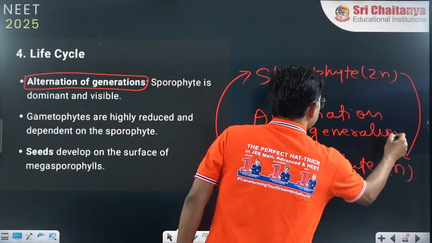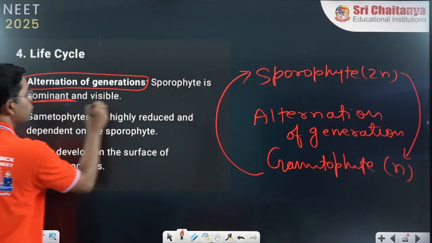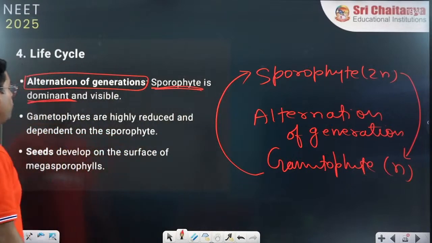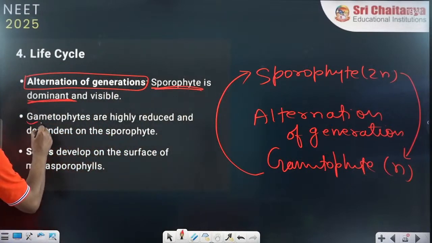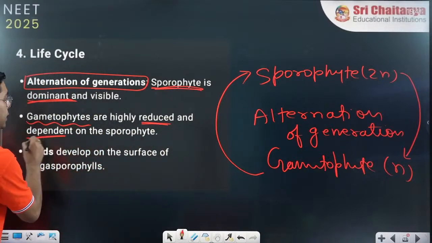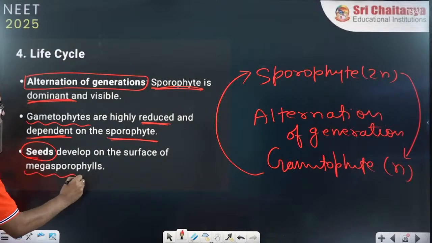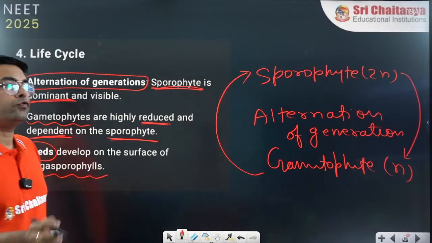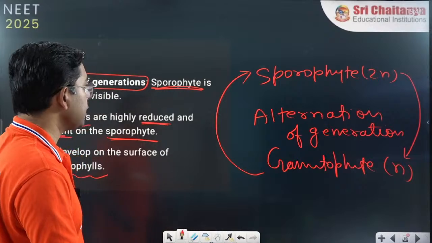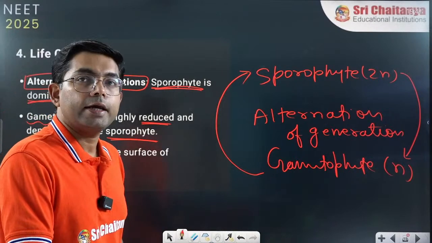Now, which is the main plant body? Sporophyte is dominant. Gametophytes are highly reduced and dependent on sporophyte. Now, the seed develops, but where? The seed develops on the surface of megasporophyll. Is this point clear till here?